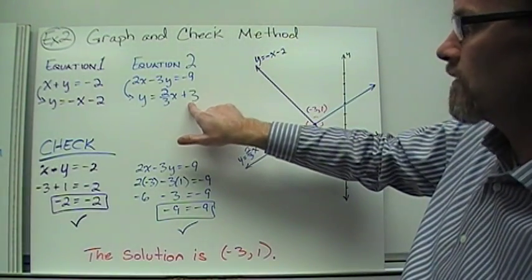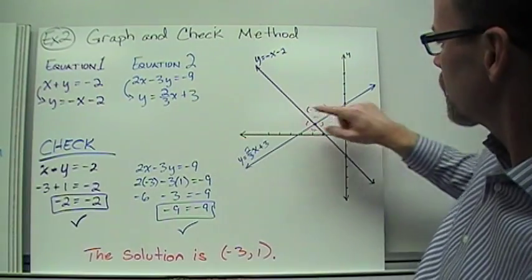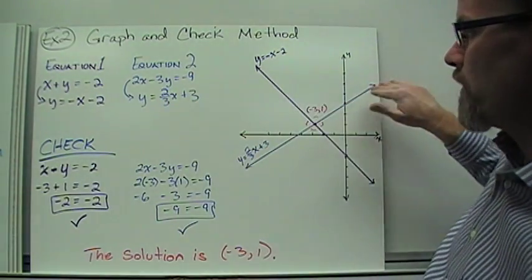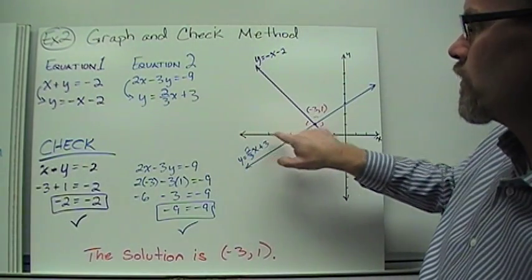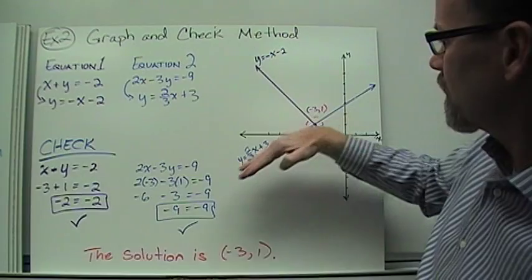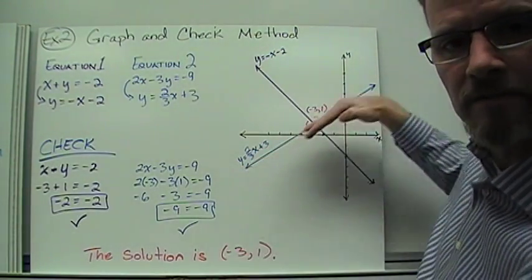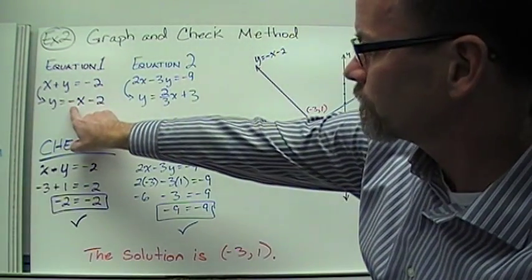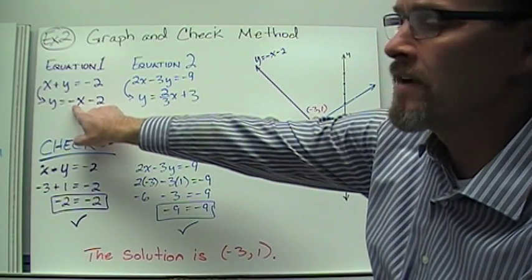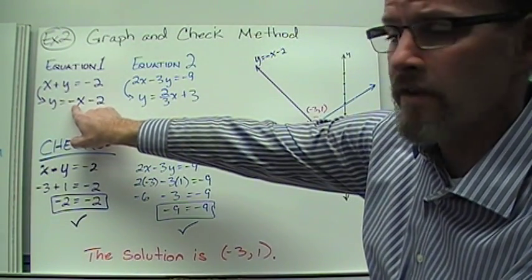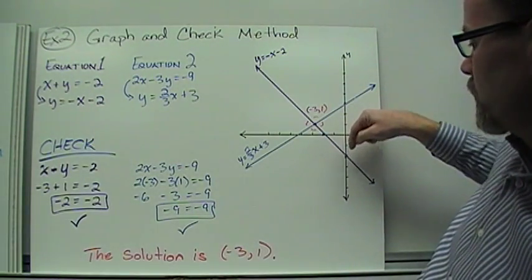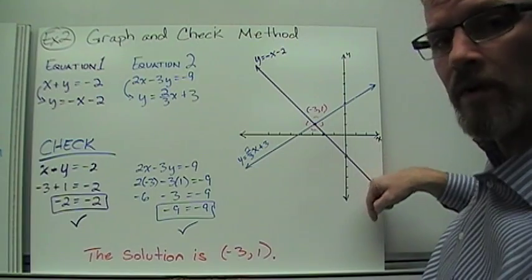For the other one, the y-intercept was positive 3, up here, and the slope is positive, up 2 over 3, up 2 over 3, up 2 over 3. That gave me that incline. For this one, what's my slope? It's negative 1, which is implied, so from here it goes down 1 over 1, down 1 over 1, down 1 over 1.